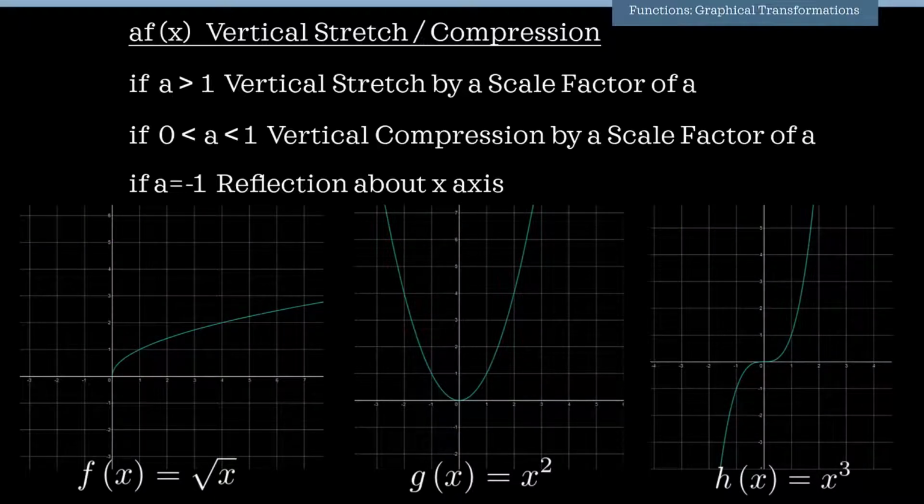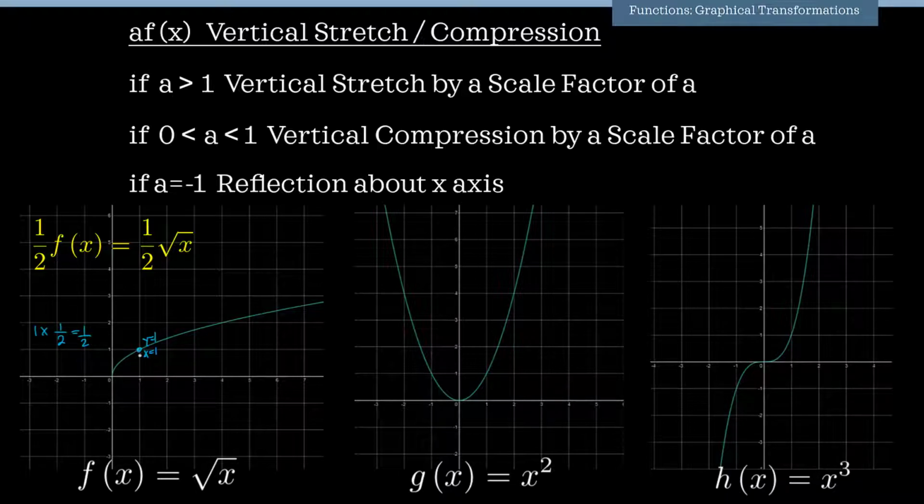Let's look at the second case, when the value of a is less than 1. So let's suppose that the value of a is 1 upon 2. So what is the graph of 1 upon 2 f of x going to look like? Well, for this transformation, we have learned that for each point we multiply the y coordinate by a scale factor of a. So this point whose x coordinate is 1 and whose y coordinate is 1, I am going to multiply only the y coordinate by 1 upon 2.